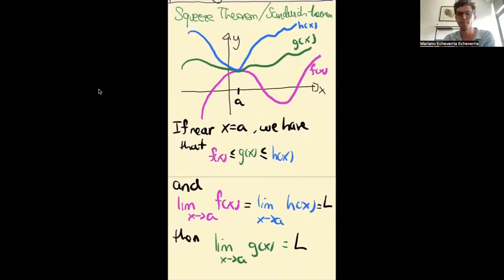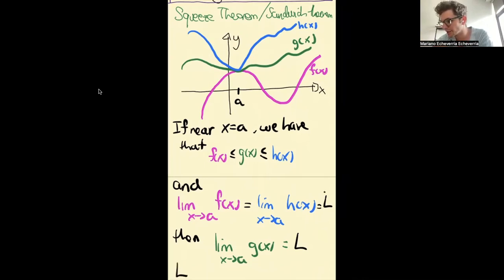Let me zoom out here. I don't know if this is making sense. So what the theorem is saying is that L is the value of the limit.